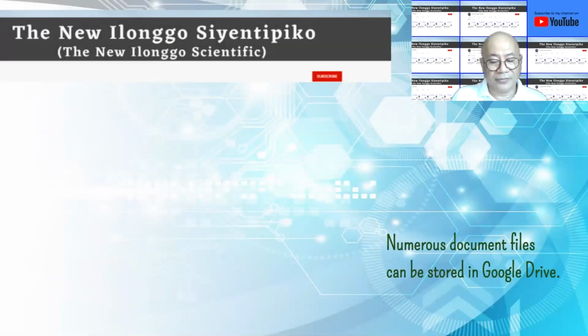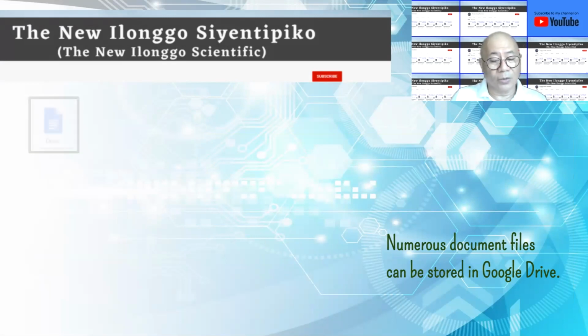A Google Drive serves as a folder in your laptop or desktop computers. Just like a folder in your computer, you can create, organize, save, and access your files and folders in your Google Drive.